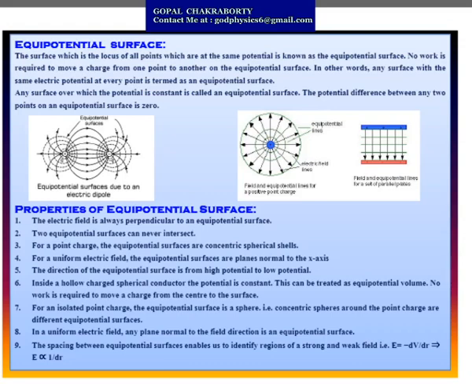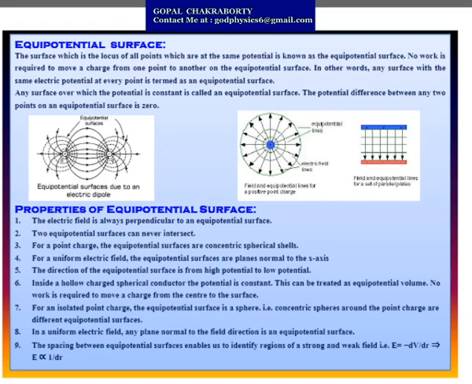Inside a hollow charged spherical conductor, the potential is constant. This can be treated as an equipotential volume. No work is required to move a charge from the center to the surface. For an isolated point charge, the equipotential surface is a sphere.